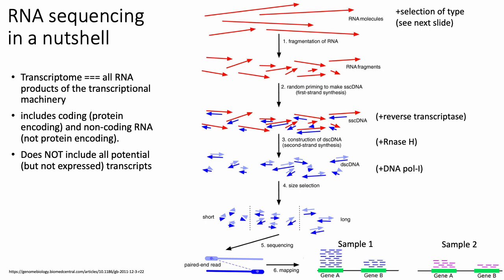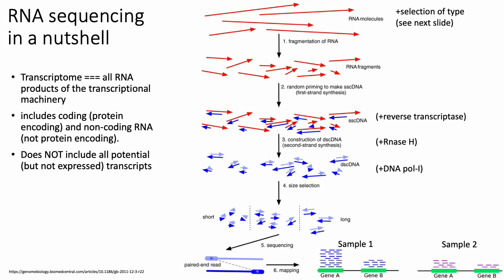You do so by annealing some random oligos to your RNA fragments and extending them using reverse transcriptase. That produces hybrid double-stranded molecules of both DNA and RNA. At that point, you add RNase to get rid of the RNA, and then you add DNA Pol I plus some primers to produce double-stranded DNA molecules, or double-stranded cDNA.